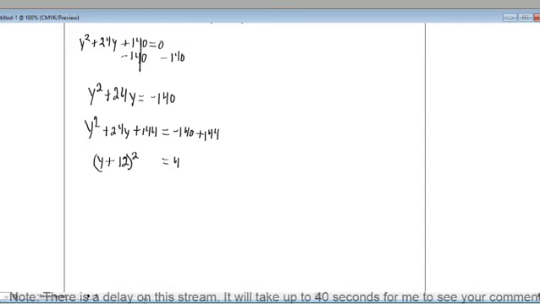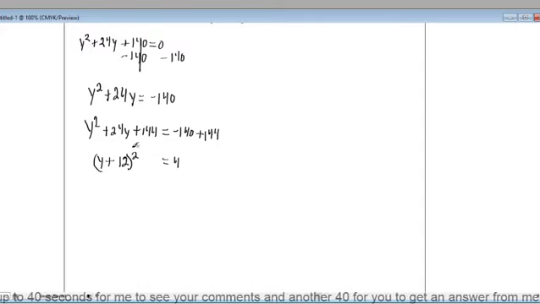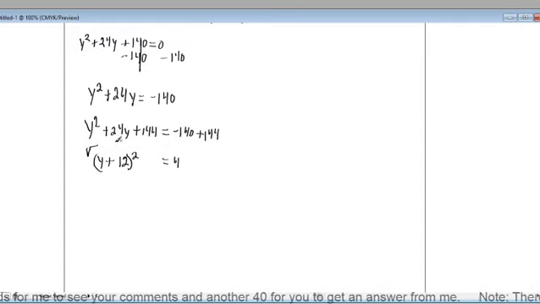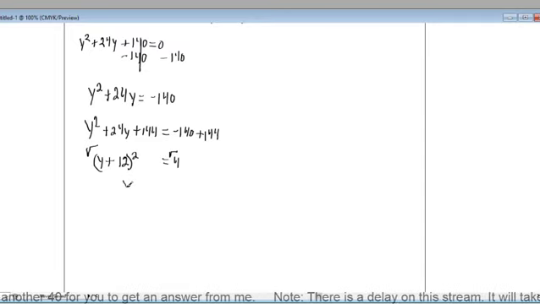Okay, so now we have something that'll be easy to solve. We don't have these like y squareds versus y to the firsts. We just have y. So we can get rid of these parentheses by taking the square root of both sides, and that'll let us get to those numbers on the inside. So take the square root of this side, the square root and the square just cancel, leaving us with y plus 12.